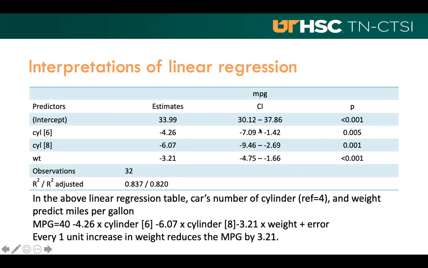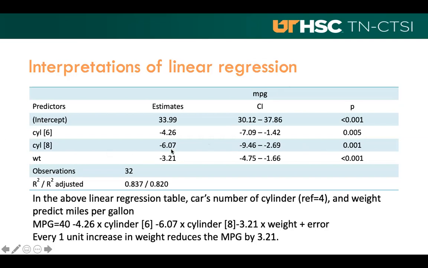And this ranges between negative 7.9 and negative 1.42. Again, this is statistically significant at 0.05 p-value. Instead, if we have cars with 8 cylinders, the miles per gallon will be reduced by about 6. So the number of cylinders is inversely associated with the miles per gallon of a car.